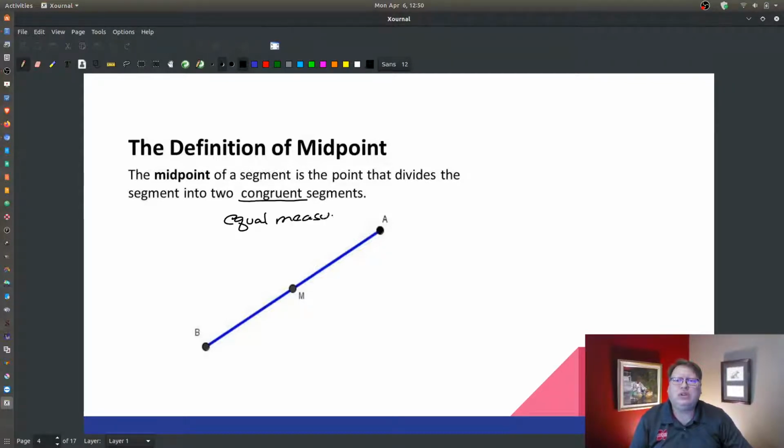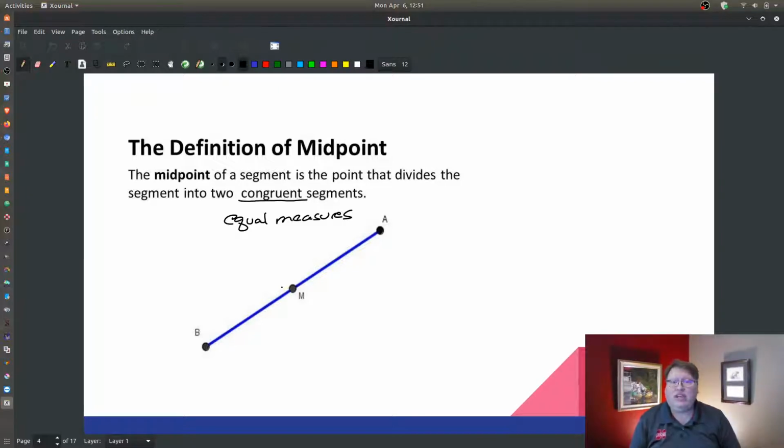Just like we saw on the last slide. Congruent means if I say M is the midpoint here, then this segment BM has the same length or measure as the segment AM. So M being the midway point or midpoint, it cuts the segment BA or AB in half.